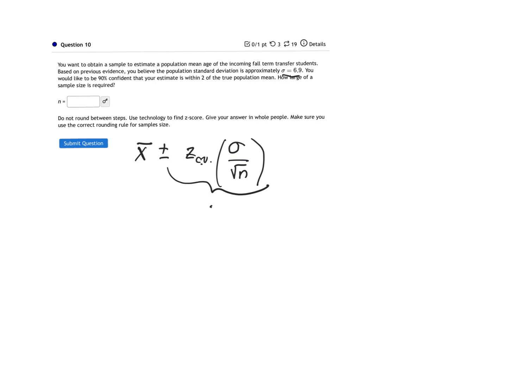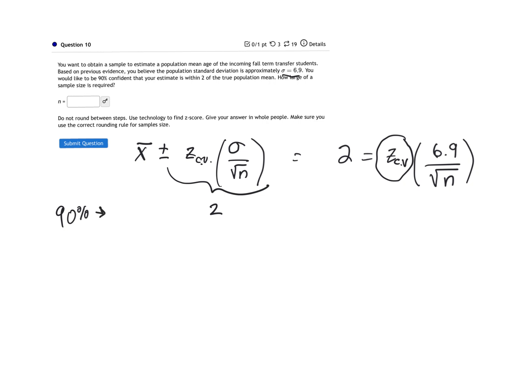You want that margin of error to equal 2. So now we have 2 equals our z critical value times our standard deviation, which we know to be 6.9, divided by the square root of n, which is what we are looking for. So our first question becomes, how do we find the z critical value for a 90% confidence interval?